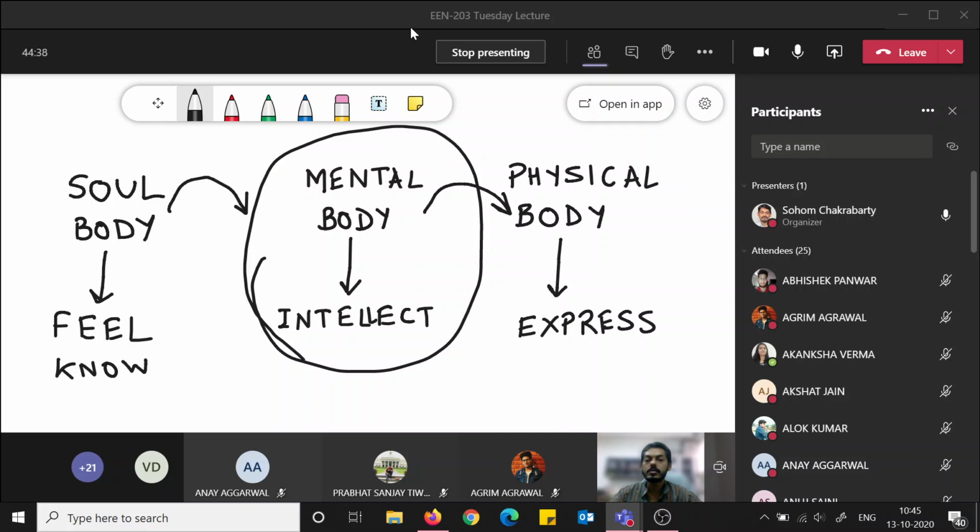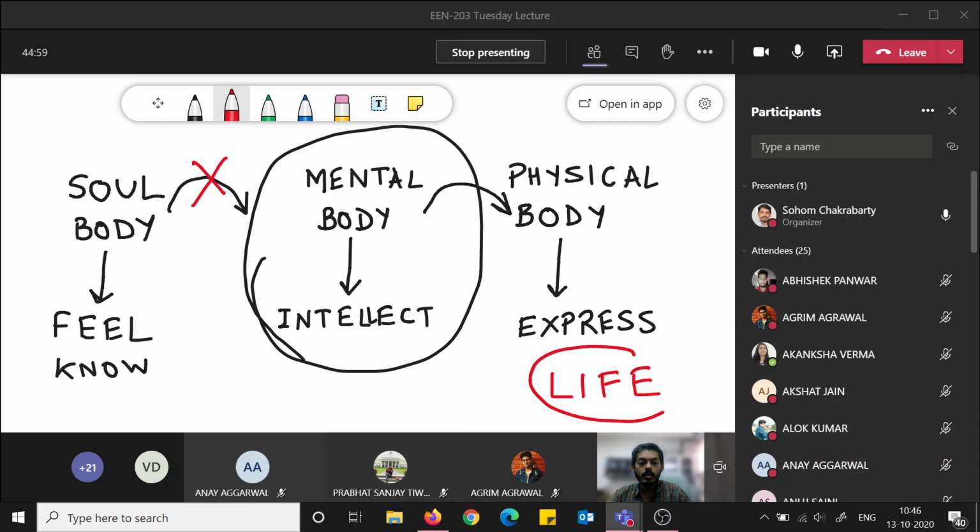Now what happens, since we are ignoring this, since we have broken this connection, we are finally living something called life. This life is not linked to our soul.